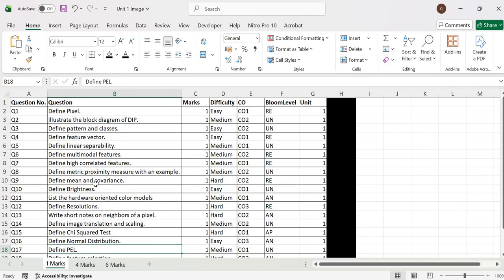Accordingly, you can prepare your question according to the Bloom level and COs, like CO1, CO2, these are the course outcomes. And time strategy. Time strategy is all about not spending too much time on 1 marks question. It's very clear. So complete them quickly and confidently.